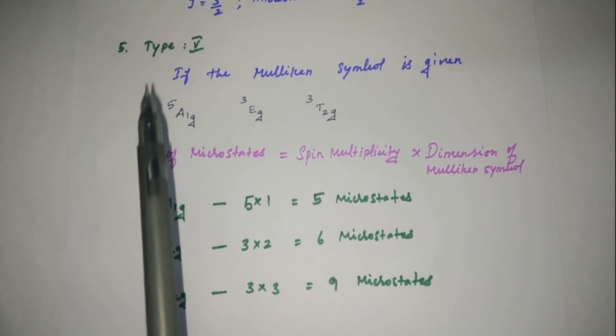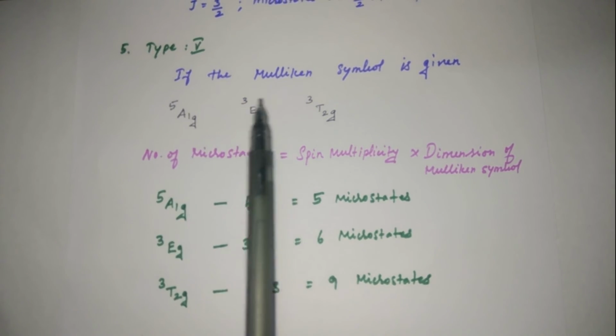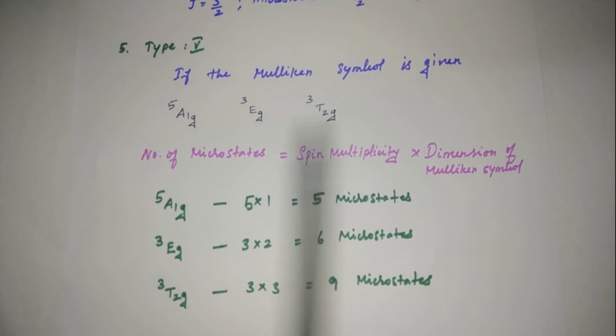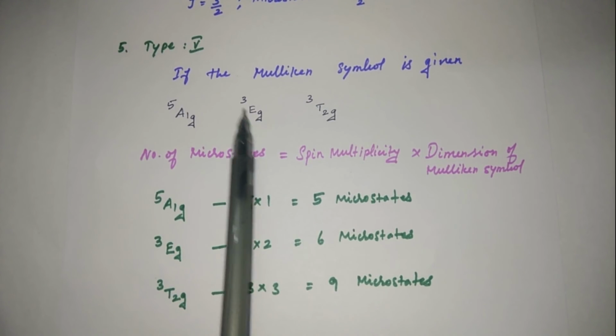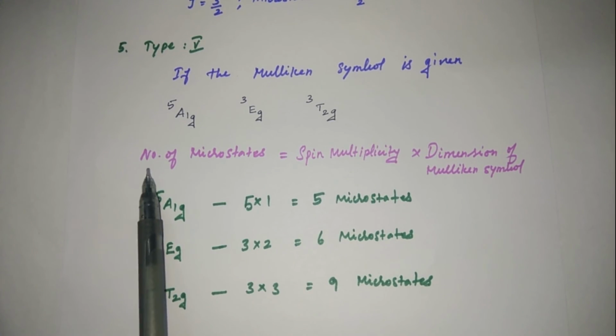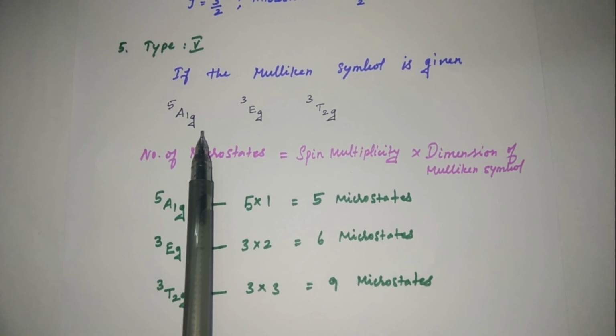Then the last method, type 5: if the Mulliken symbol is given, for example 5A1g, 3Eg and 3T2g. How can we calculate the number of microstates in the Mulliken symbol?